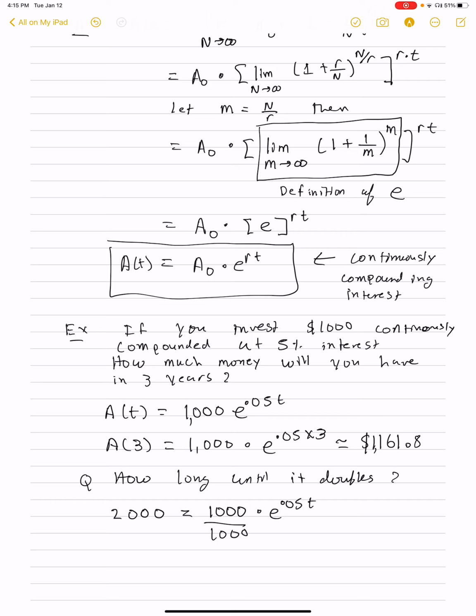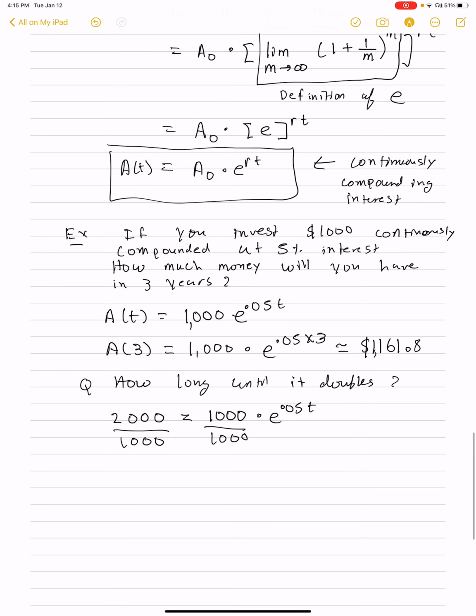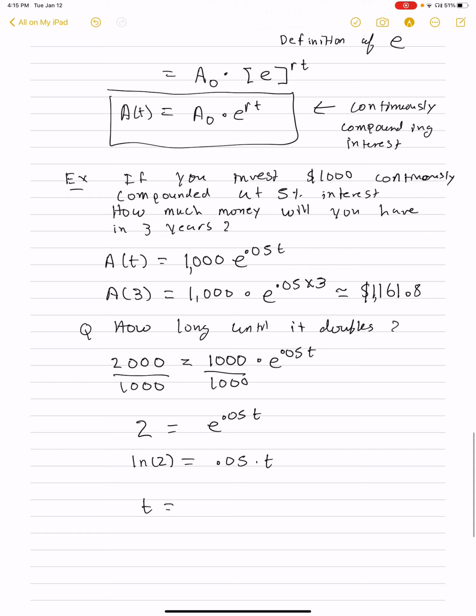Divide both sides by 1,000, and you're going to get that 2 is equal to e to the 0.05 times t, and you're going to get ln of 2 is equal to 0.05 times t, and then you can solve for t. T is ln of 2 divided by 0.05, and that's approximately 13.8 years.